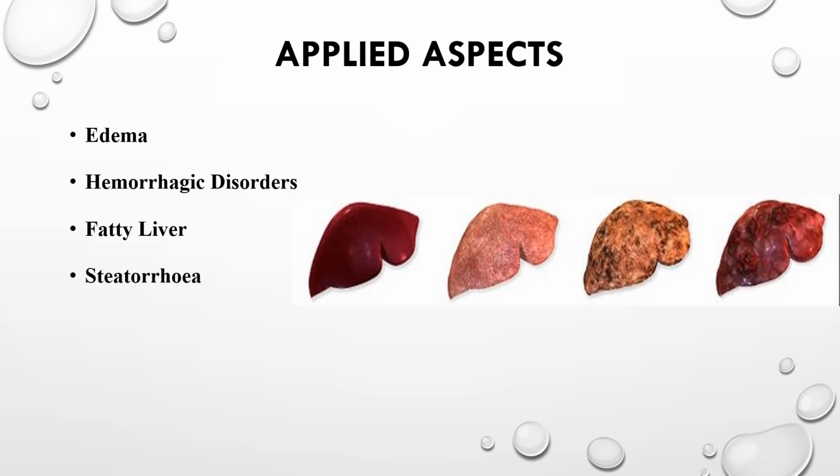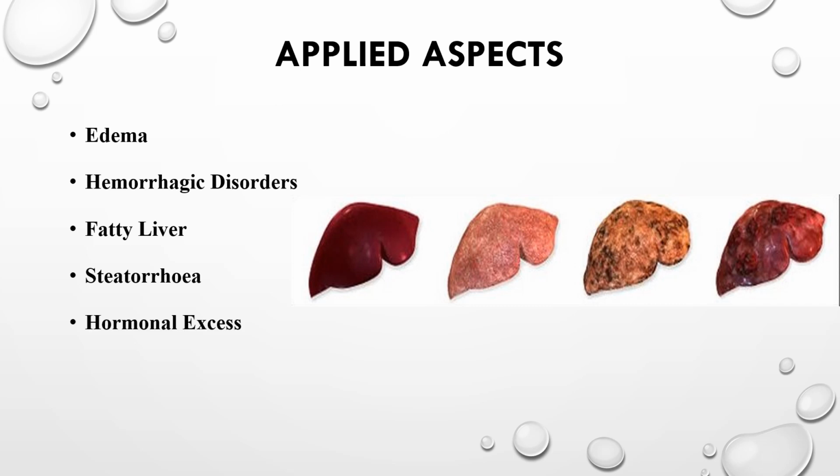Steatorrhea: this is defective fat digestion and absorption, most importantly due to the low bile salt concentration in the bile. So non-absorption of the fat products. In the motion, the fat products will be excreted undigested and unabsorbed.